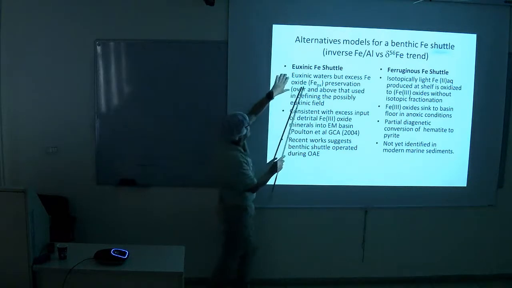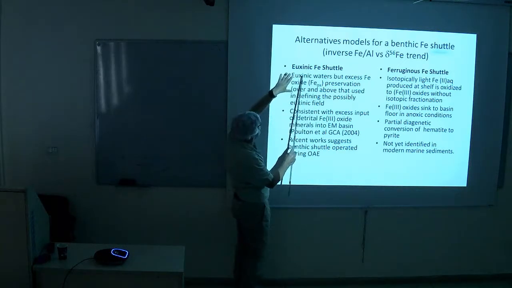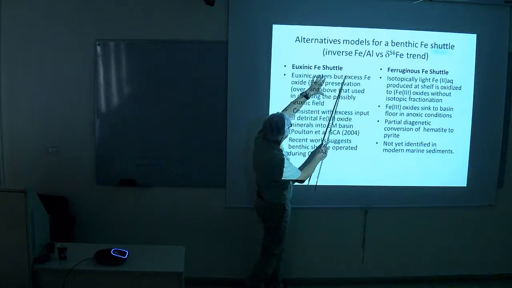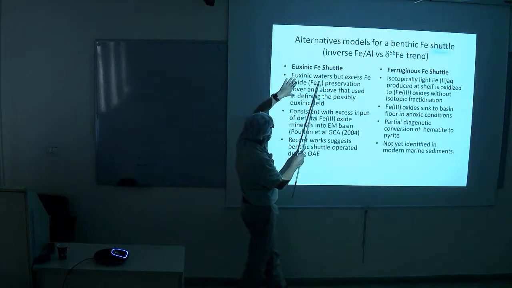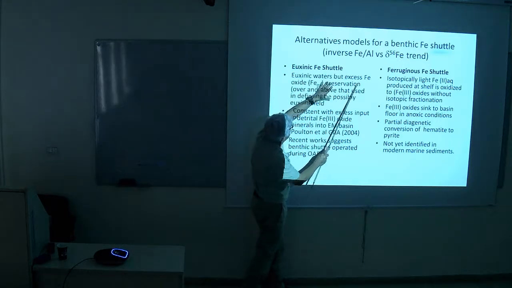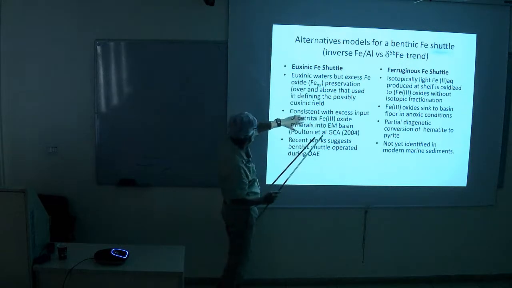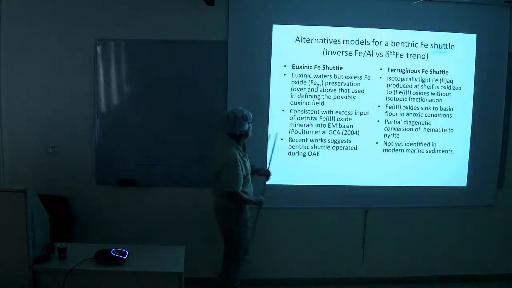The idea again is that you have the euxinic waters, pyrite is formed through the reaction of the isotopically light Fe2 with H2S. Some of this hematite escapes this sulfidization and gets through into the sediment.